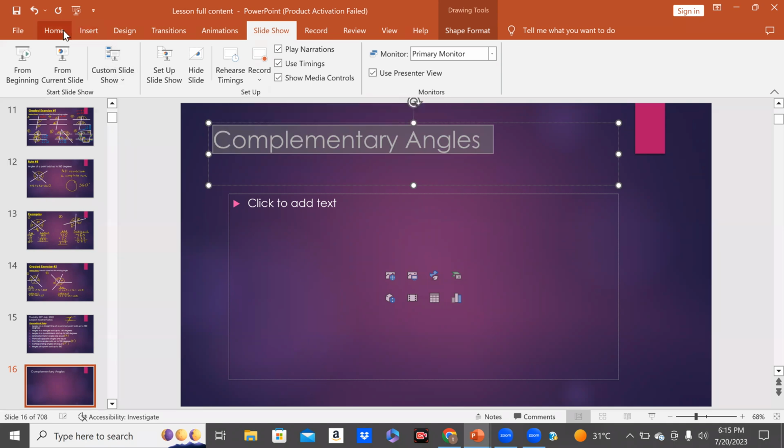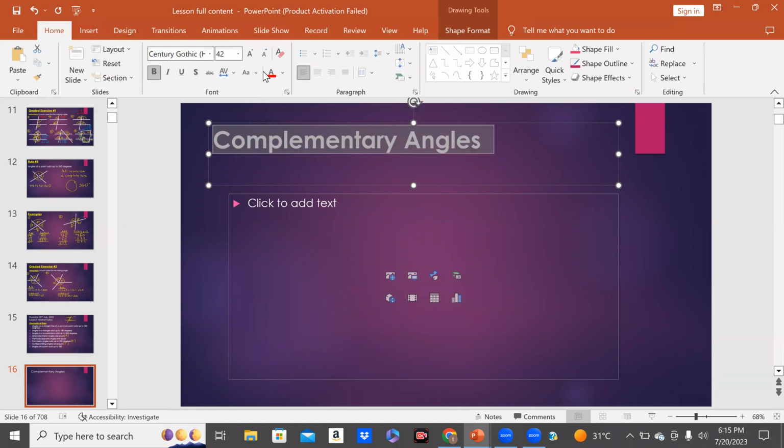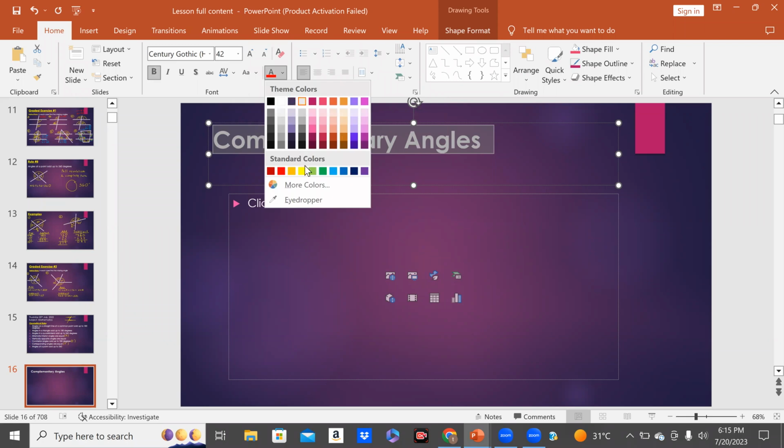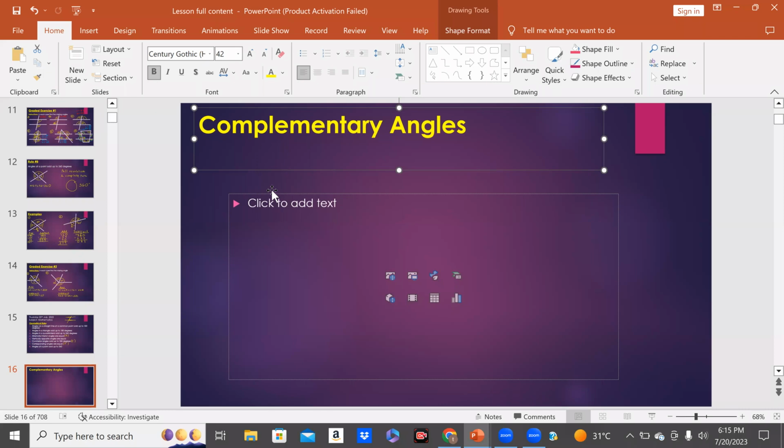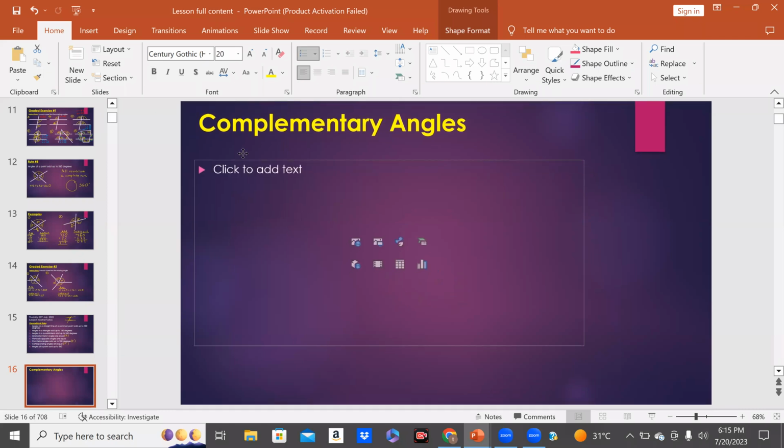So complementary angles. Anyone know what we mean by complementary angles? Maybe you've learned it before.